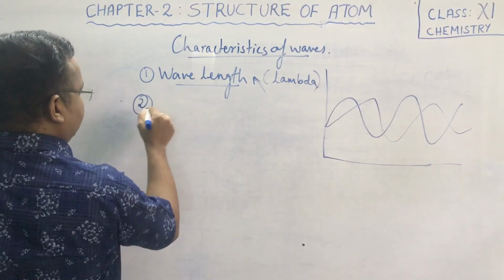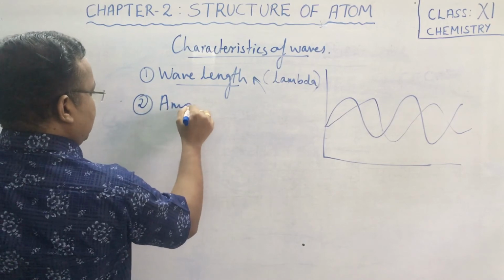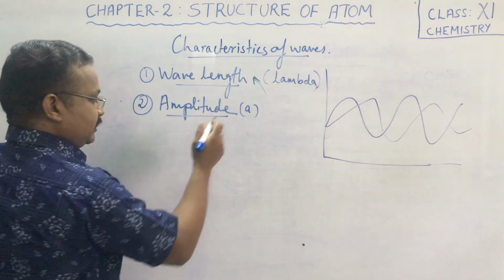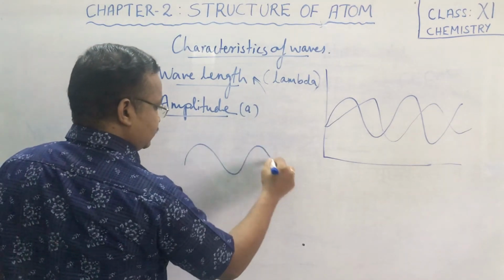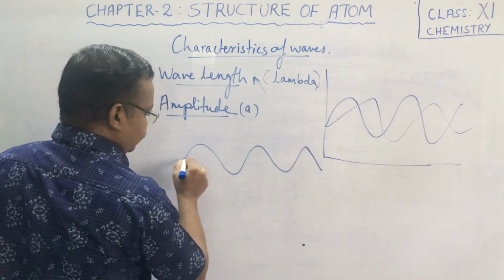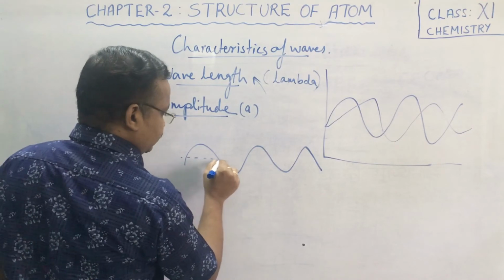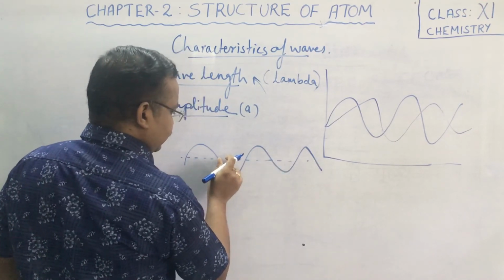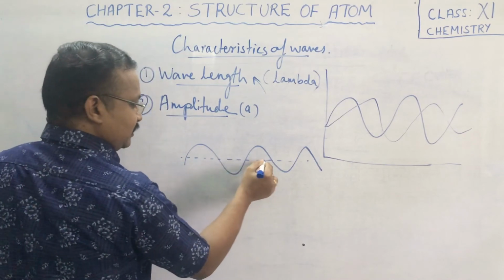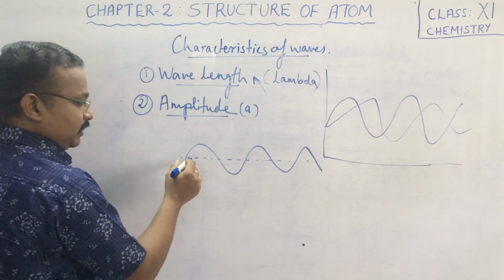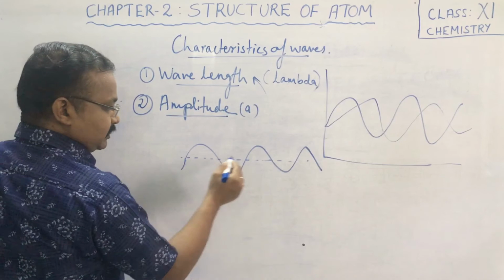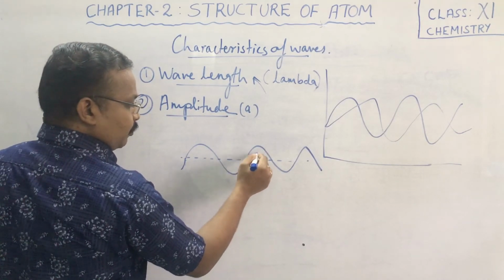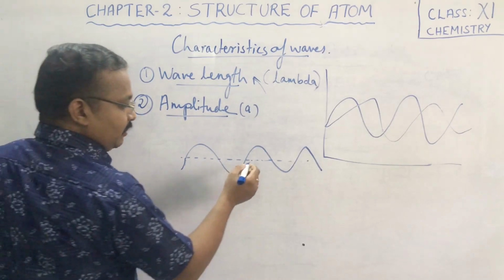Next we have amplitude. In the case of amplitude, if you consider a wave with an imaginary line passing through the center, it is the extent to which the wave propagates from its mean position.